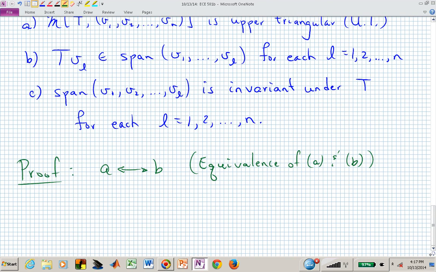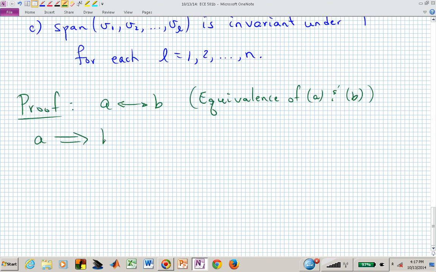Now what I'm going to try to do is show that A implies B and B implies A, or those two statements are equivalent. First, let's go A implies B. And now let's consider the matrix representation of this linear operator capital T, and consider that matrix. Considering that matrix, the nth column, remember how that was created.